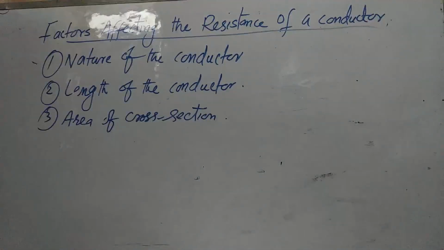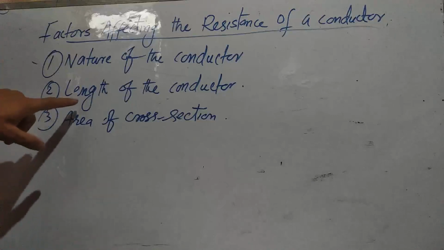What is the area of cross section? So these are the three factors on which the resistance of the conductor depends. And there is also a fourth one, that is temperature. What is the temperature of the conductor? But these are the three main factors on which the resistance depends: first is nature of the conductor, second is length of the conductor, and third is area of the cross section.